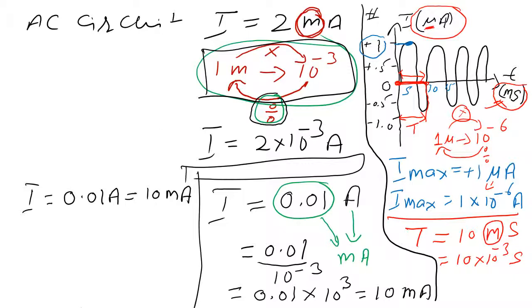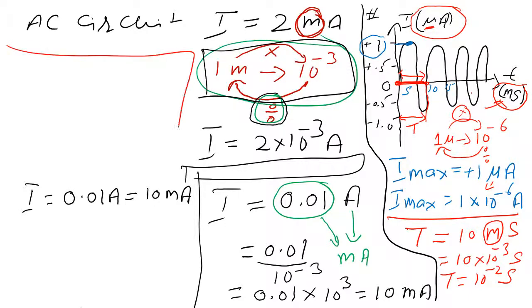This is the value of the time period. So T equals, after calculation, 10 to the power minus 2 second. This way you have to find the time period of the AC current.